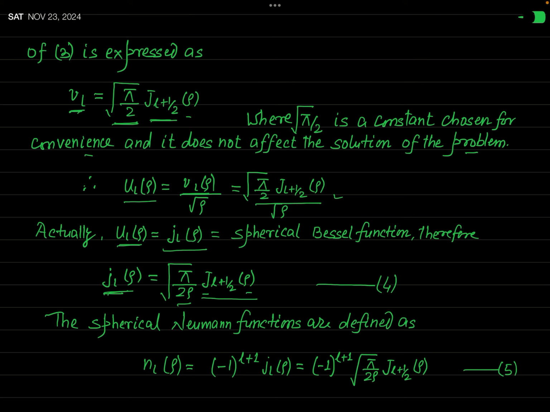And you know how the spherical Neumann function is defined? This is related to the spherical Bessel function j_L of rho by this relation: n_L of rho is equal to minus 1 raised to the power L plus 1 times j_{-L-1}... of rho. But you have already obtained the value of this j_L of rho here, so let us substitute it in this equation. So n_L of rho is equal to minus 1 raised to the power L plus 1 times the square root of pi over 2 rho times J_{L+1/2} of rho.